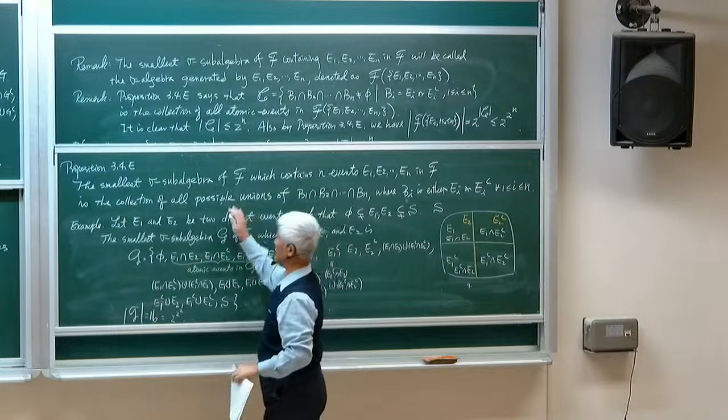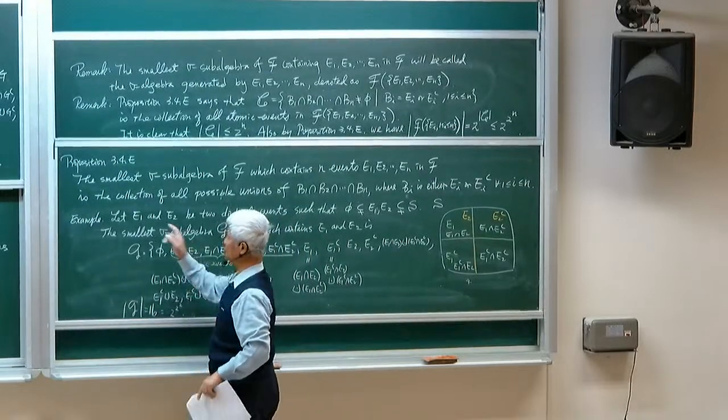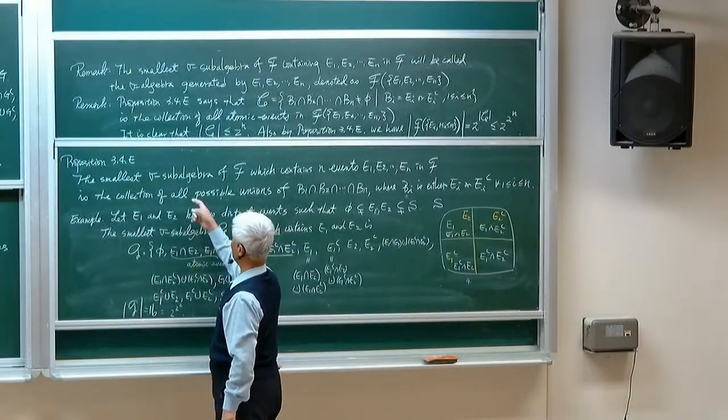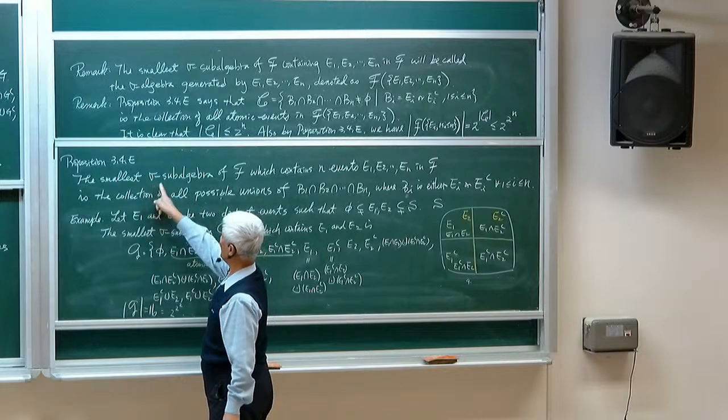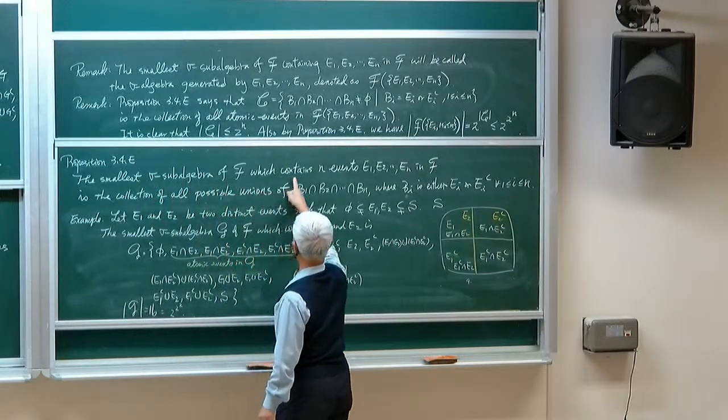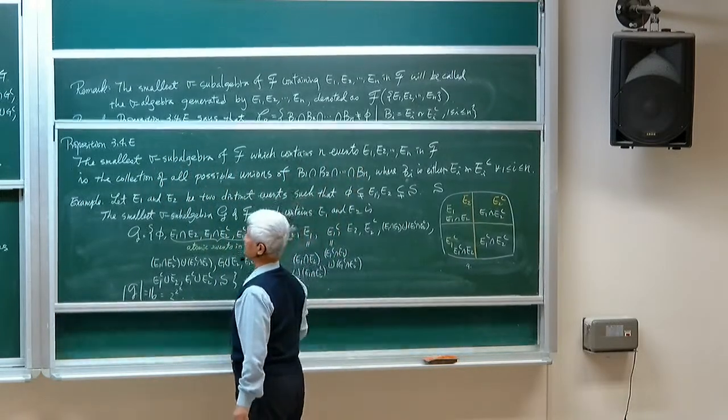And so the next job is to show that this collection is the smallest sigma algebra which contains these n events.